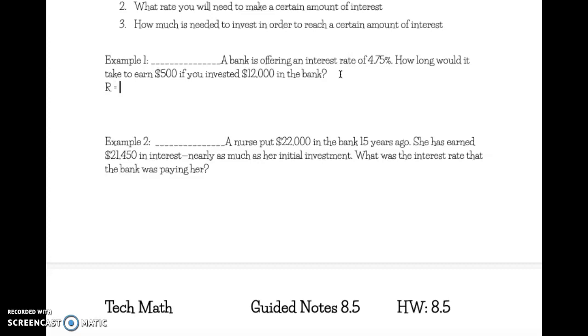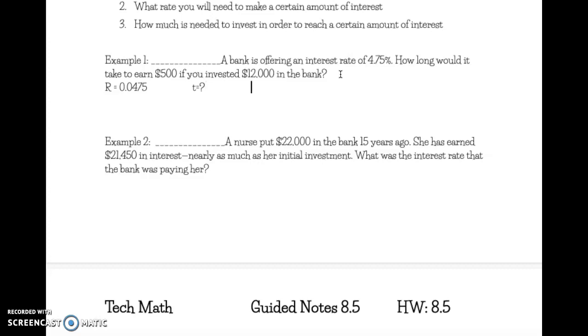So 4.75% as a decimal would be 0.0475. Move that decimal place 2 to the left. Then it says, how long would it take? So I know that I'm going to be trying to find time. I'm going to immediately put time as my question mark.